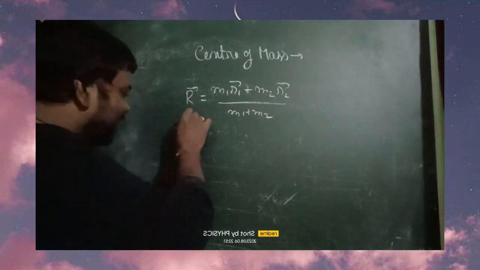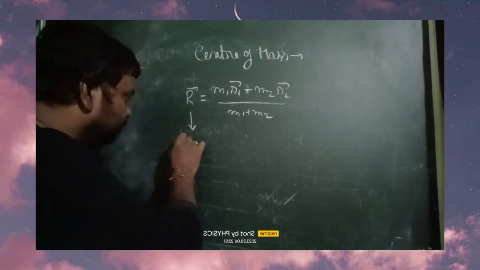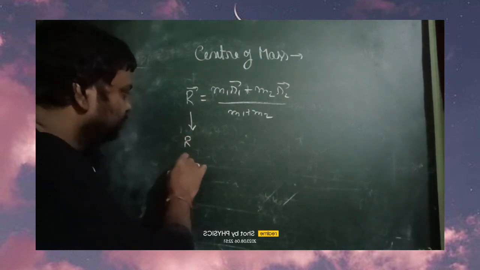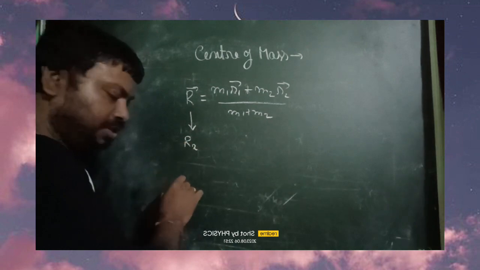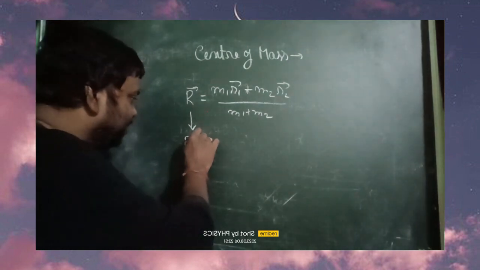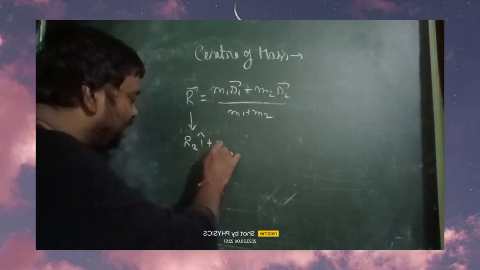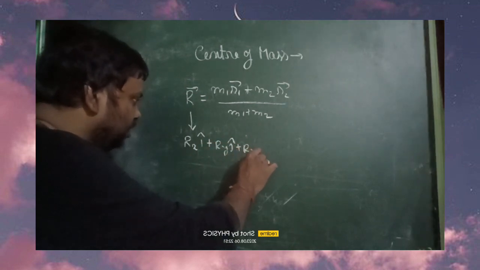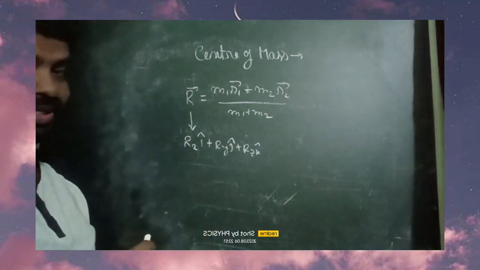Now the r vector can be written as rx i hat plus ry j hat plus rz k hat. It can be written in that way.